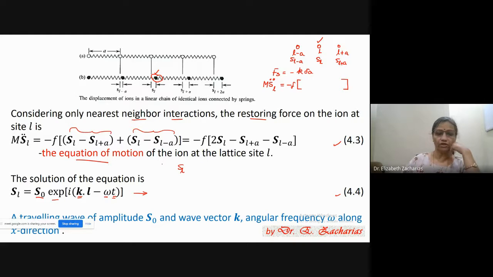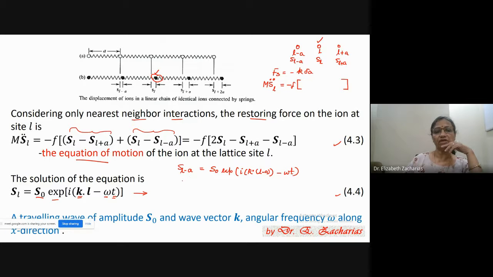So how will you put it? You know that S_l is S naught exponential i(k·l − ωt). Similarly, if I want S_(l−a), it will be S naught exponential i(k·(l − a) − ωt).